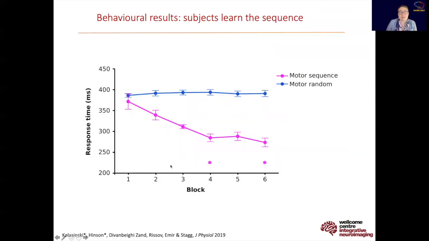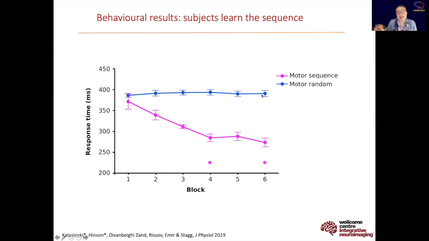And what we saw, these are behavioural results, as you would expect. As people learn the task, they get quicker at responding to the visual cues because they know what's coming next. So classic behavioural learning. But in the random task where the button presses happened in an unpredictable order, as you would hope, response times were very, very stable. So we've got a nice behavioural effect.